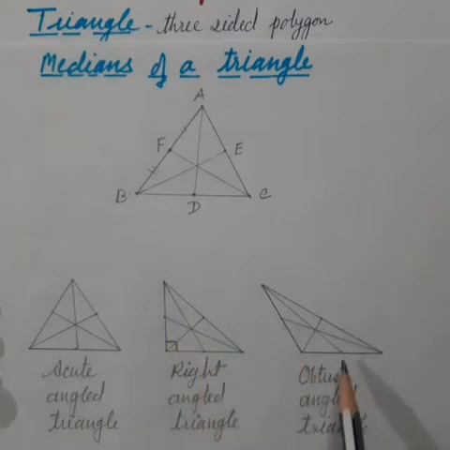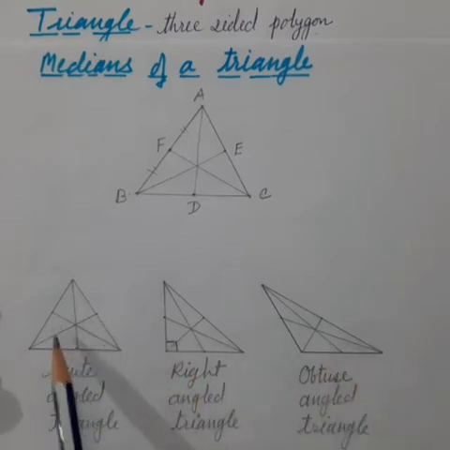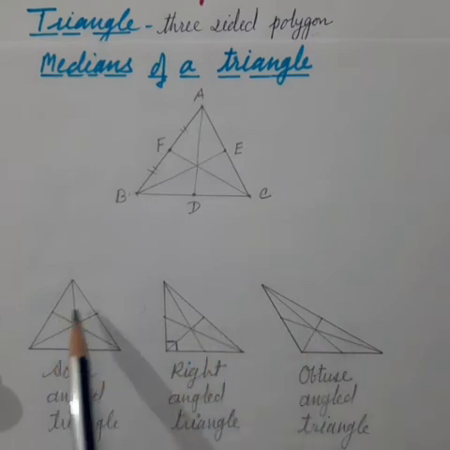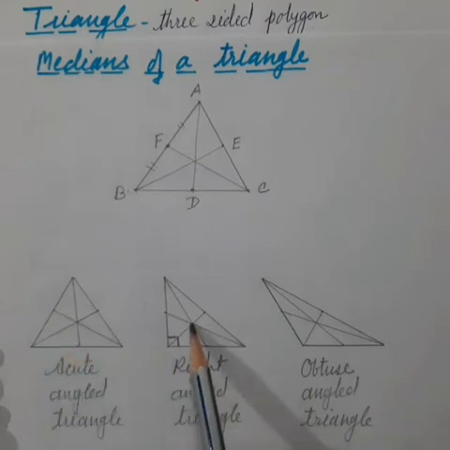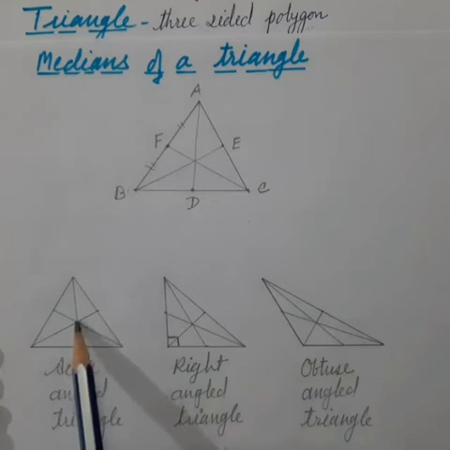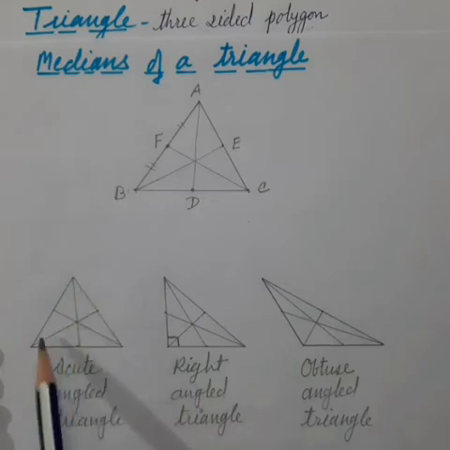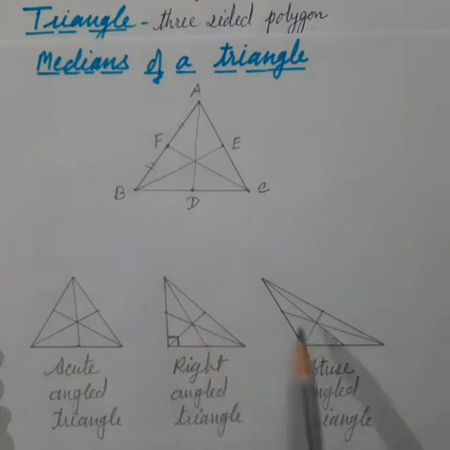And these are the medians of an obtuse angle triangle. In all types of triangles, all three medians lie in the interior of the triangle. All three medians meet at a point in the interior, and this point of intersection of all the medians is called the centroid.